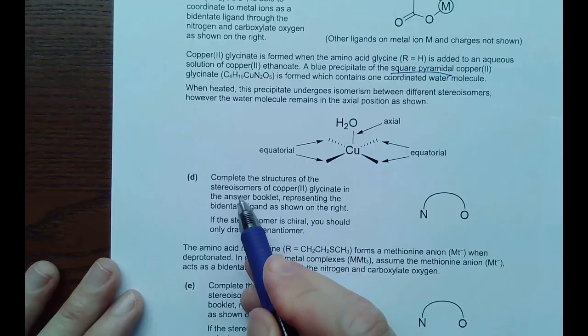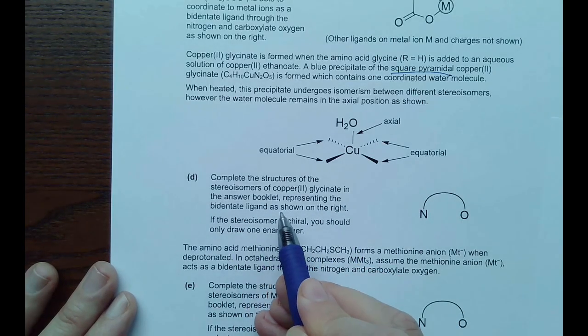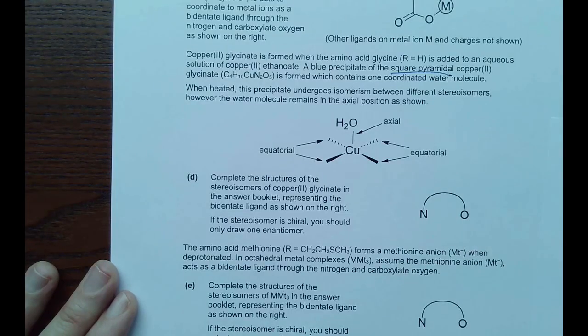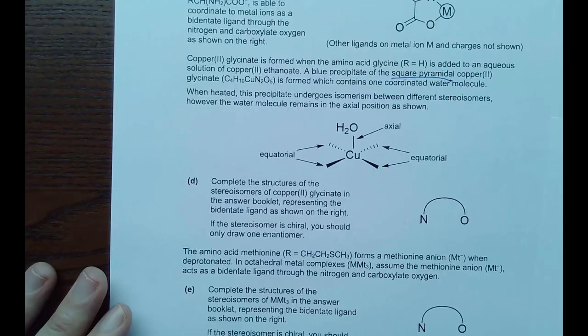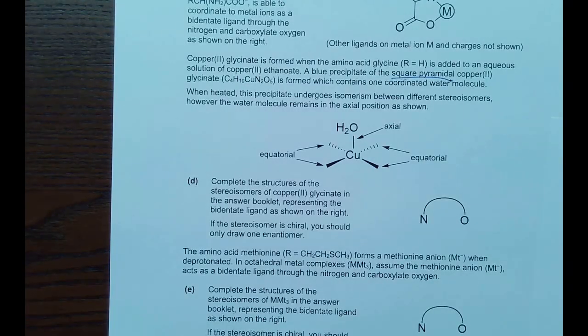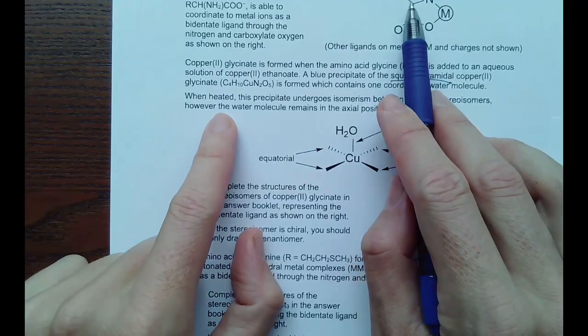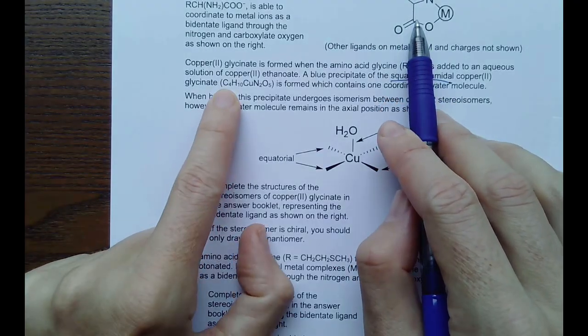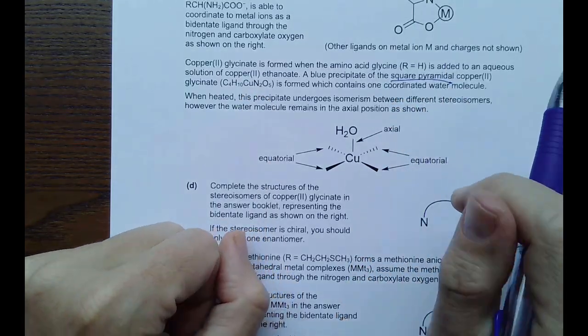And it says, complete the structures of the stereoisomers of copper-2 glycinate in the answer booklet representing the bidentate ligand as shown on the right. And there are 2 of these bidentate ligands, quite obviously. If you're not sure why that's obvious, you could see here from the number of carbons, if I've got 2 carbons in this ligand, I've got 4 carbons overall, I've got 1 nitrogen, I've got 2 nitrogens overall, okay?